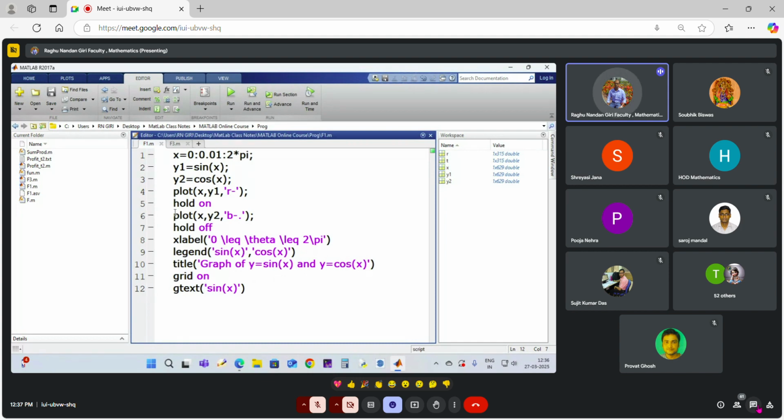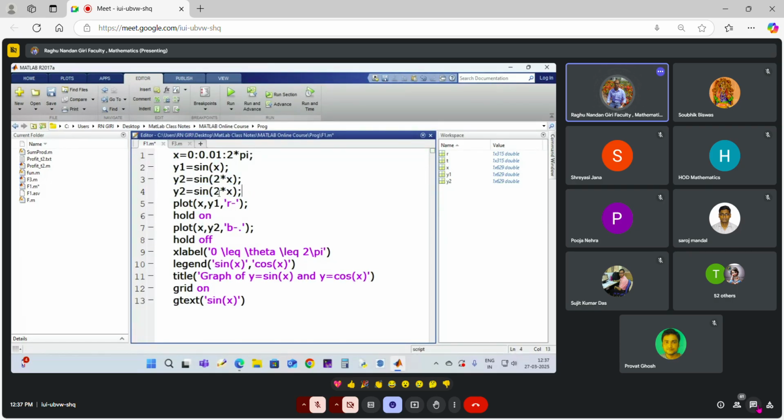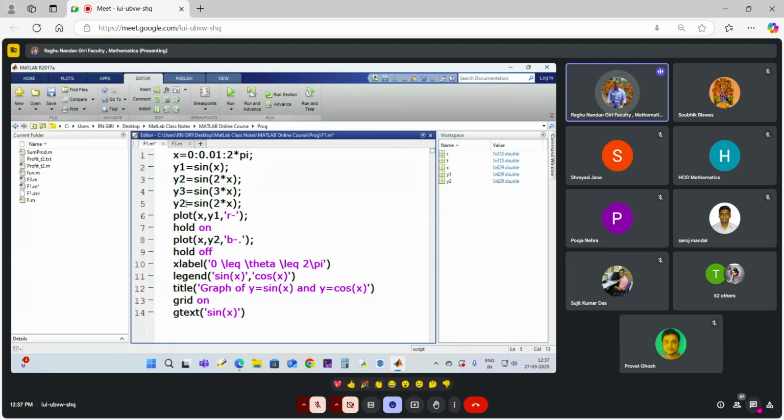Suppose y1 equals sin x, y2 equals sin 2x, y3 equals sin 3x, and y4 equals sin 4x.